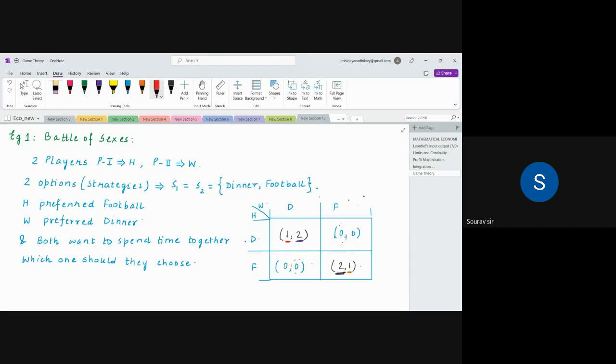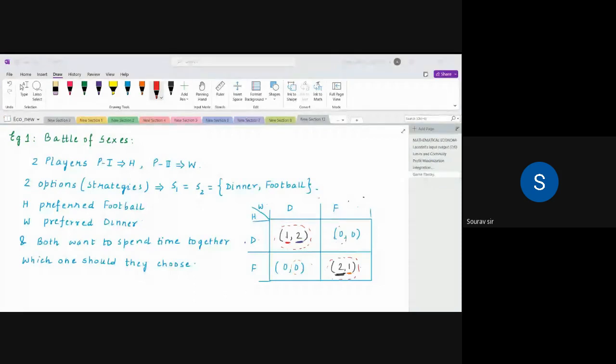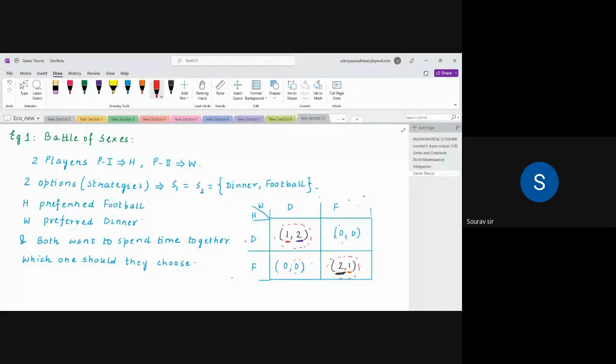So those boxes in which you have got 2 underlines are the ones giving you the optimal in both the cases. Right. That means what I want to say, just now look at only these 2 boxes. Ignore the other. If the husband chooses to go for dinner, the optimal strategy of wife would be to choose dinner.